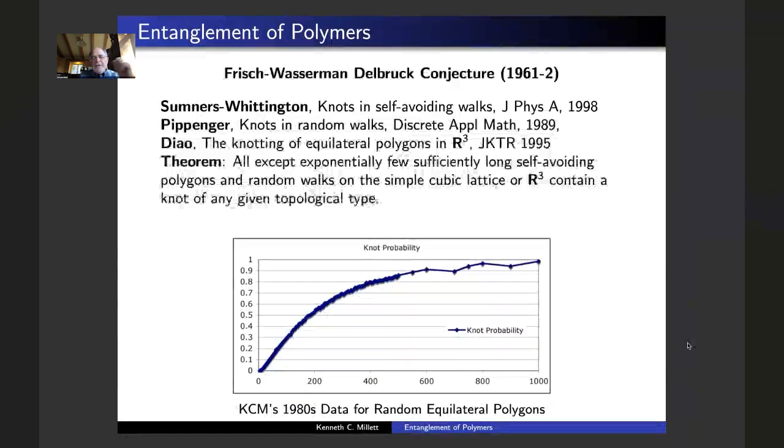Roughly at that time, and I think stimulated by a workshop that occurred at Santa Barbara, I actively got involved in trying to understand these things and did some numerical simulations of random equilateral polygons and determined the knot type. This would be roughly following the creation of the HOMFLY polynomials and the Jones polynomial and so on. One can see rather strikingly that this is the case, and it grows quite rapidly with the length, or the length scale of the polygon.